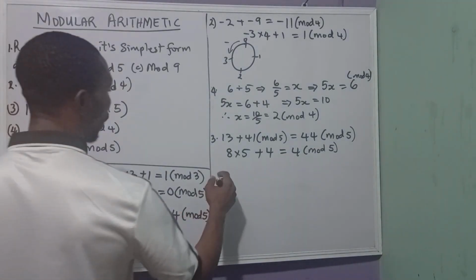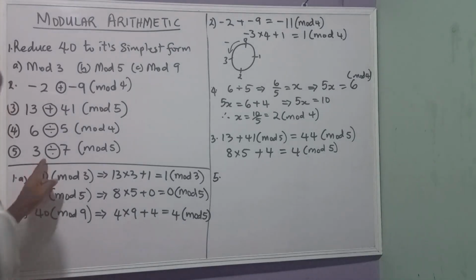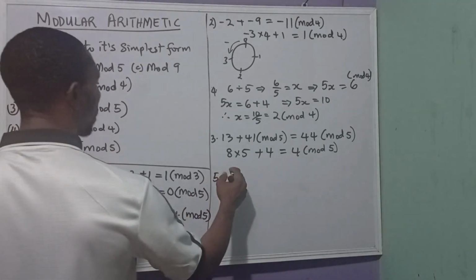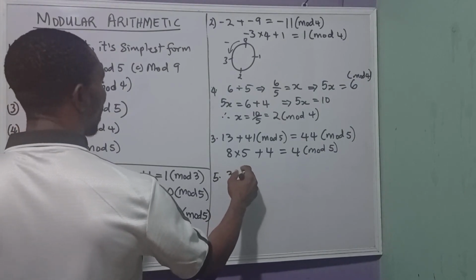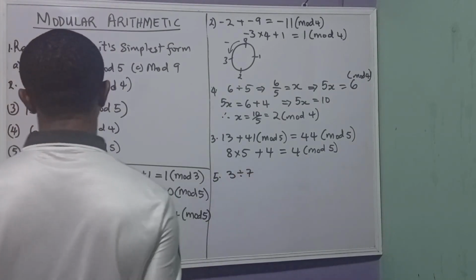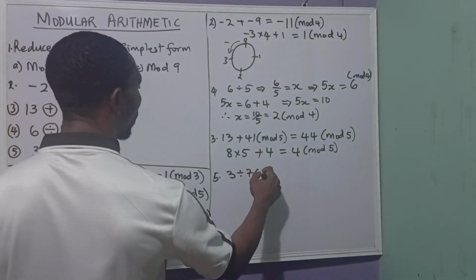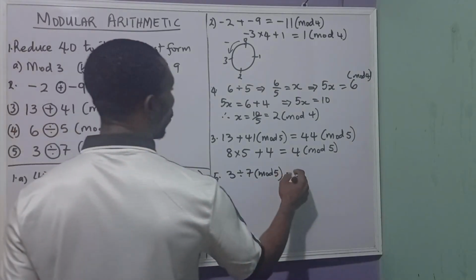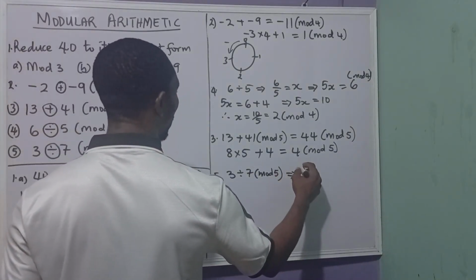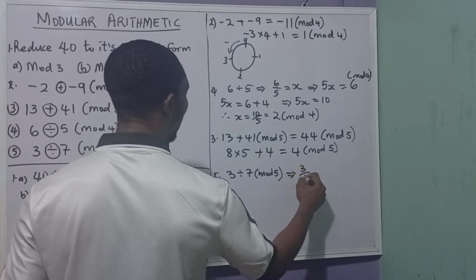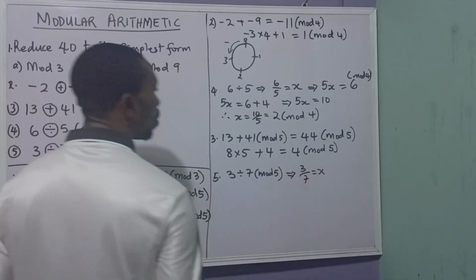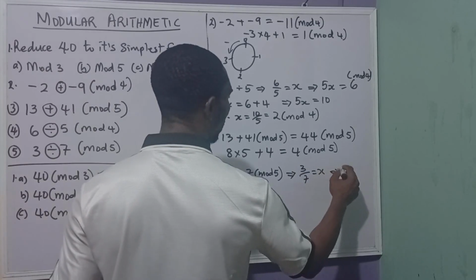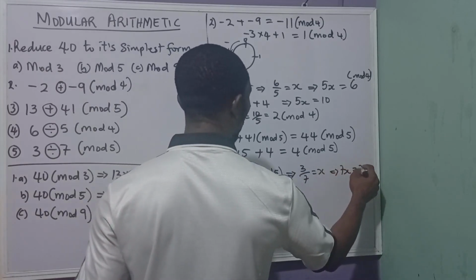And for the fifth question there, our operation is division, we have it as 3 divided by 7, mod 5. Same way we did the first one, in equation form 3 over 7 equals x. So this gives us 7x equals 3.